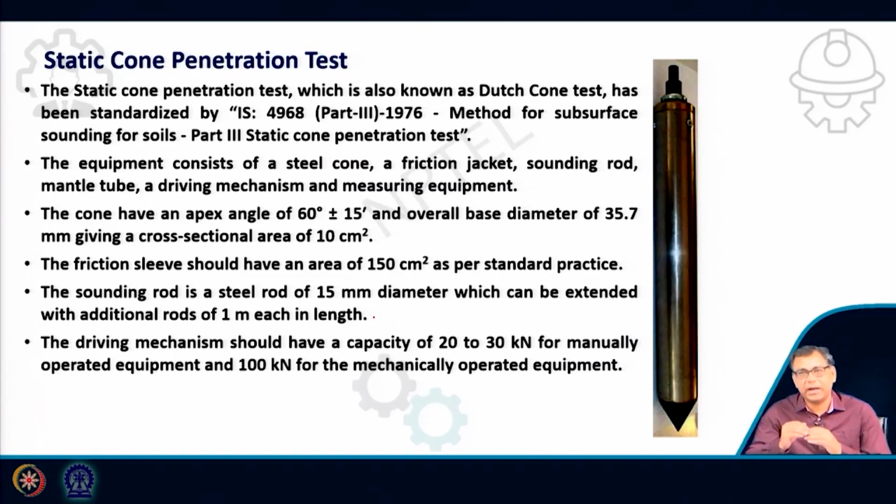So, we can attach an additional rod and then we can go up to the required depth. Similar to SPT also, we can add the additional rod and go up to the required depth. So, the driving mechanism should have a capacity of 20 to 30 kilonewton for manually operated equipment and 100 kilonewton for mechanically operated equipment.